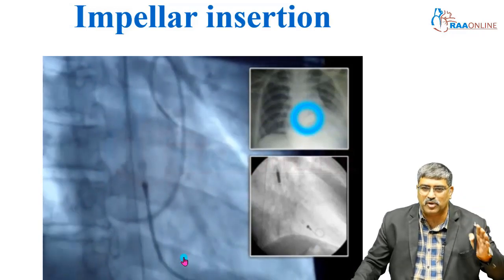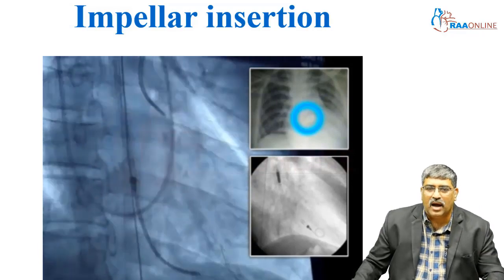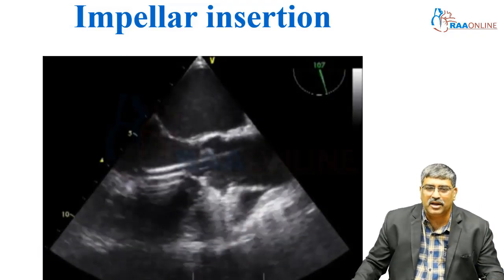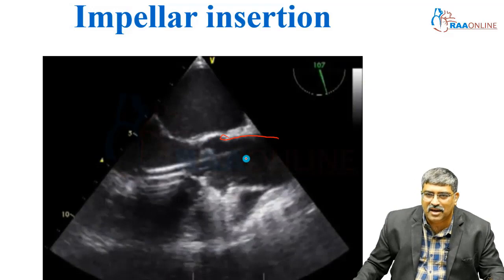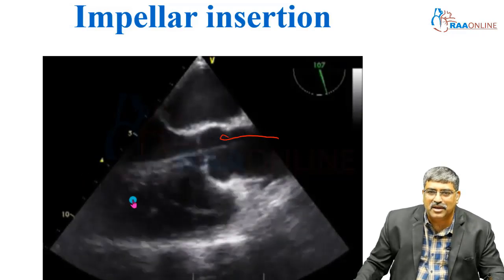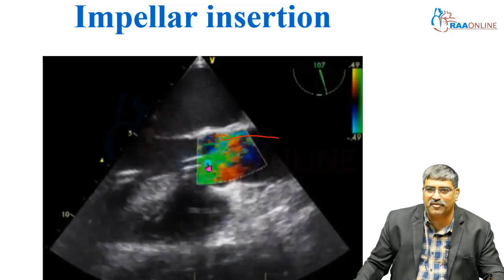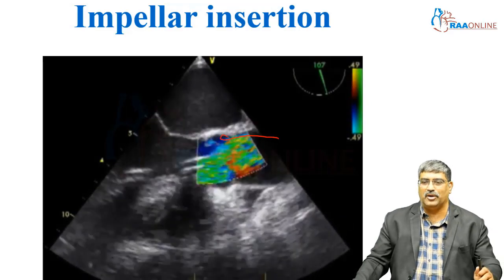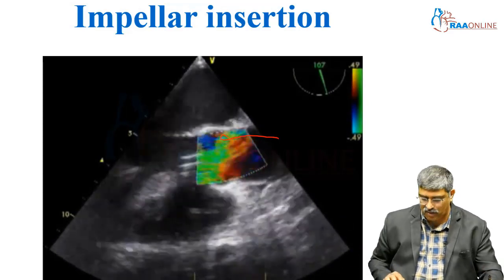This is how it is positioned in the cath lab, and it can be confirmed with an echocardiogram. This is the aorta, and you can see the Impella pump across the aortic valve, and this is the left ventricular cavity. Here you can see the blood from the left ventricle goes into the aorta. This is how an Impella works.